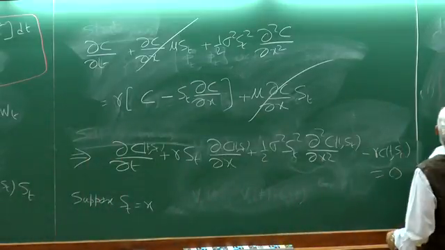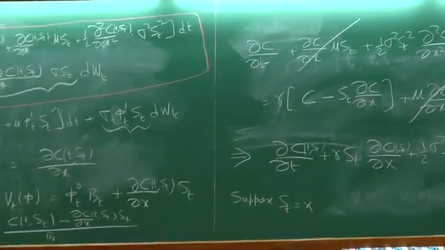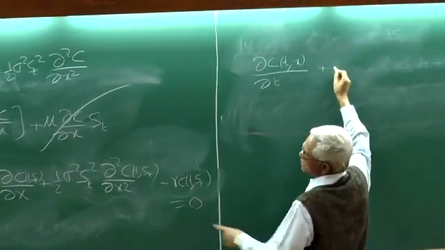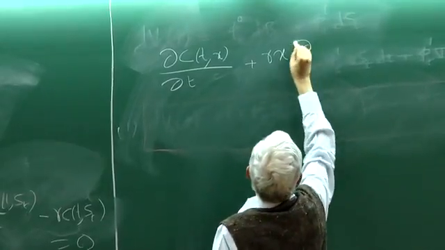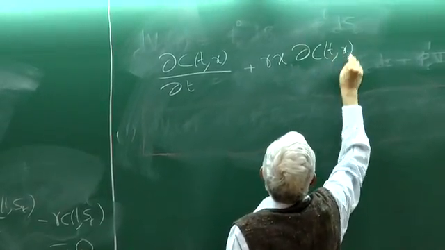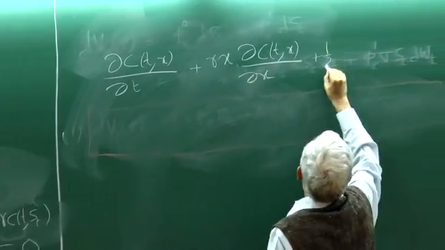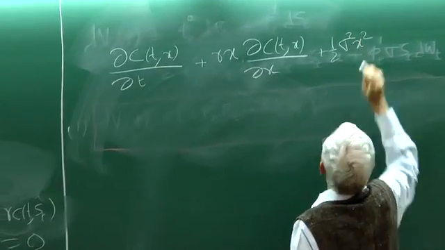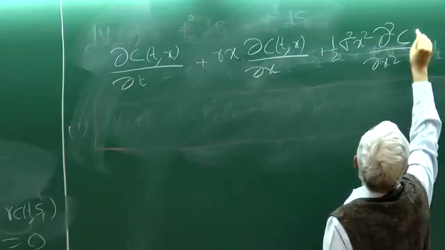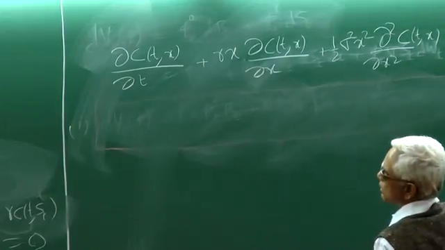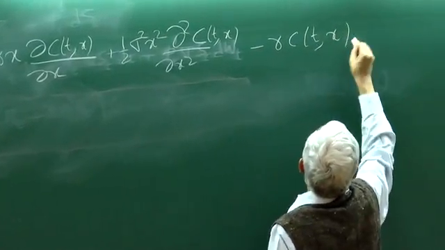It will be del C Tx over del T plus Rx del C Tx over del X plus half sigma square X square del 2 C over del X square Tx minus R C Tx is equal to 0.